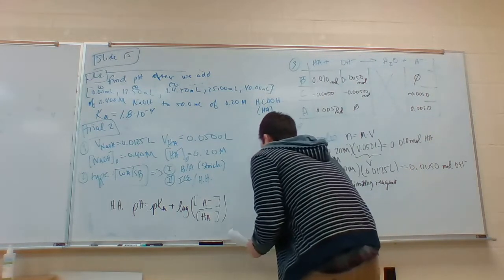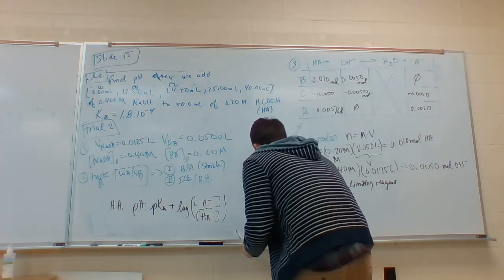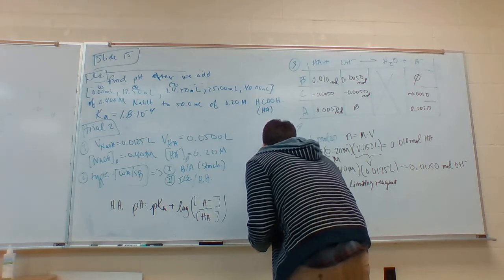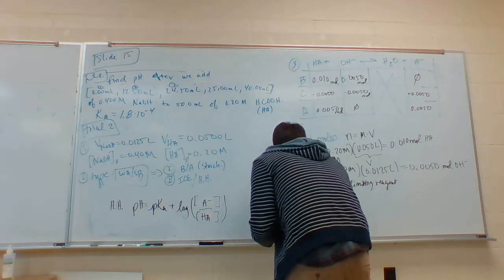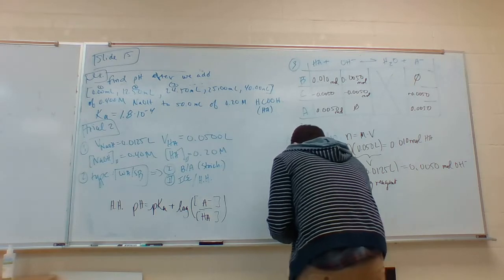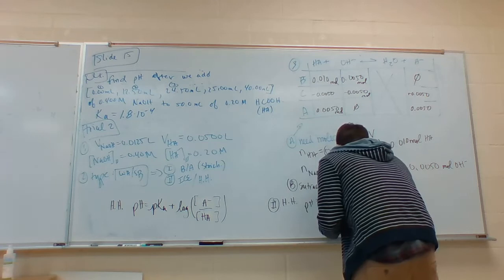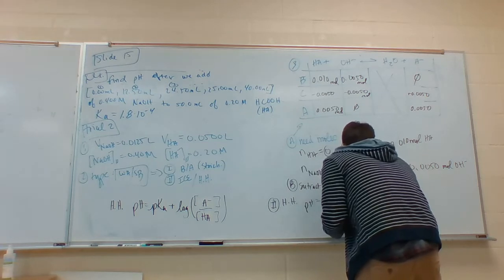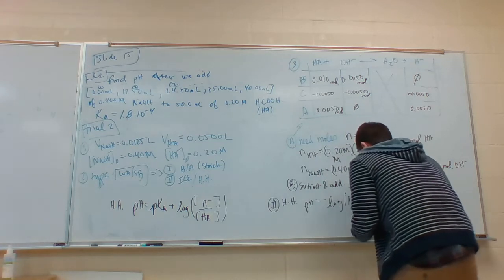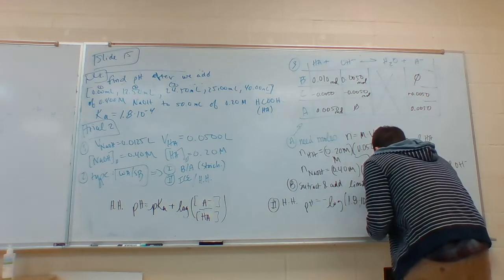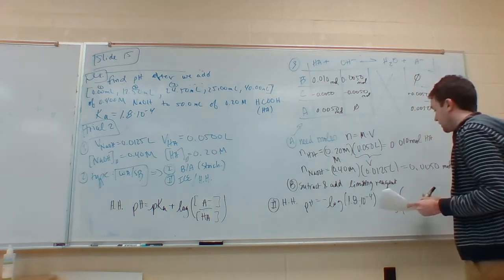So now if we want to solve for our pH, right, we're going to do our Henderson-Hasselbalch. So we have pH is equal to the negative log of 1.8 times 10 to the negative fourth plus the log, and these need to be concentrations.